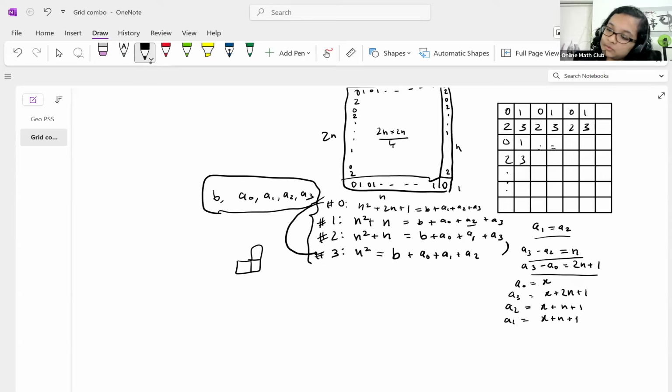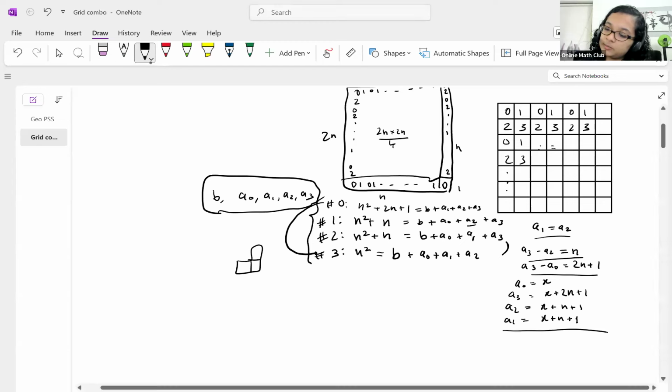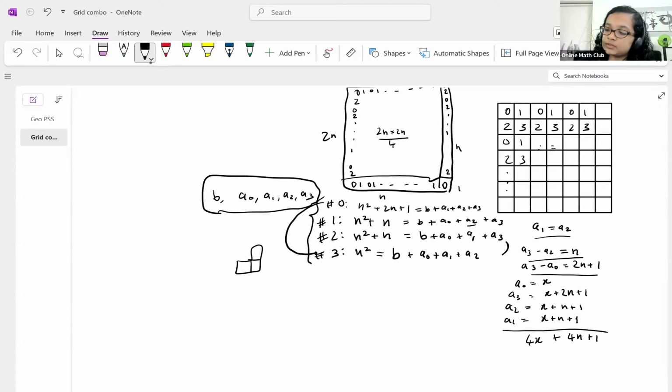And when you add them up, the final answer must be of the form 4x plus 4n plus 3, sorry. But this x is arbitrary, as in this is the thing you want to minimize. So if you take x as 0, the remaining will still be 4n plus 3. So you know that the number of A's has to be at least this much, even with the minimum x.